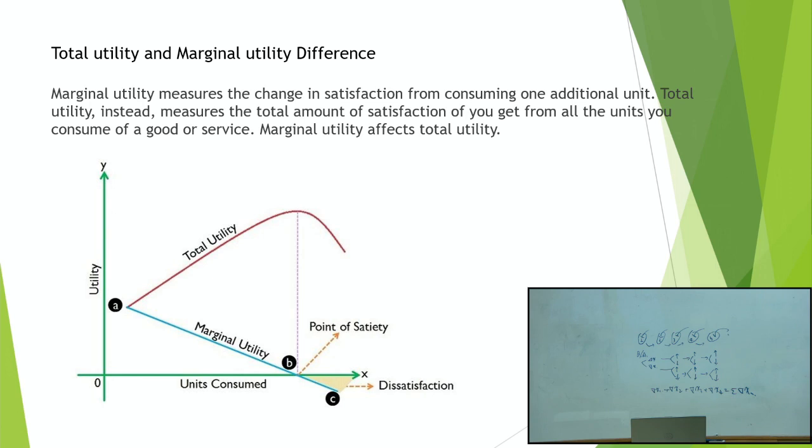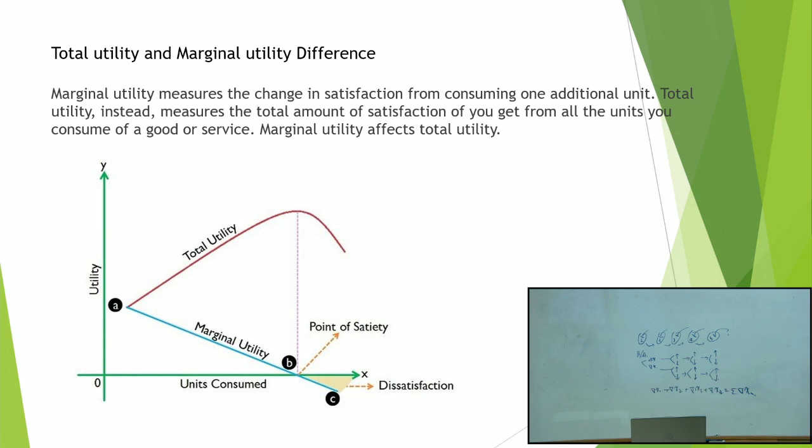It means if I keep getting more and consume more product, then I lose utility. That means no more taste. At least at this point marginal utility crosses the x-axis. And then this point is the maximum units consumed.